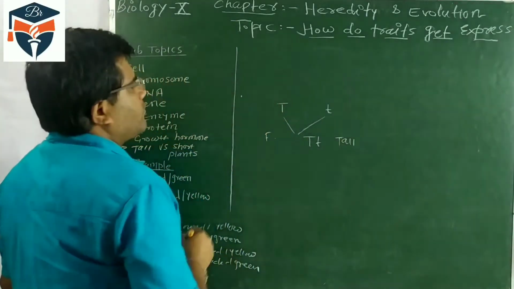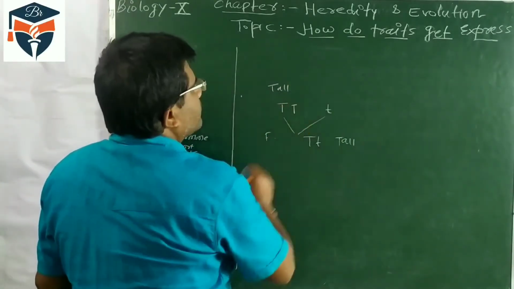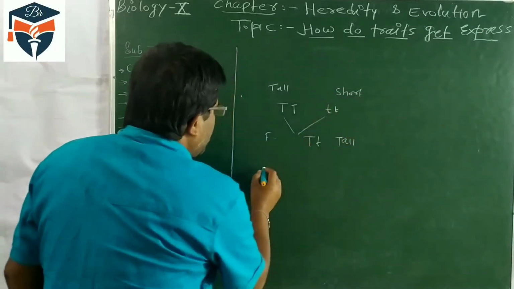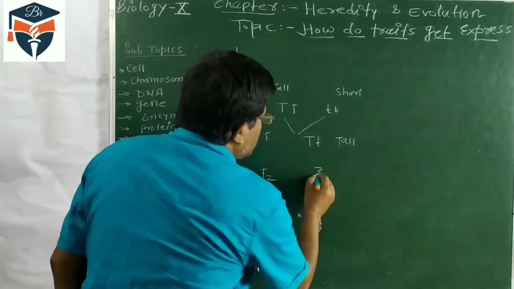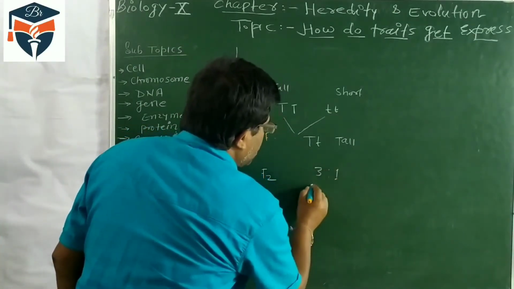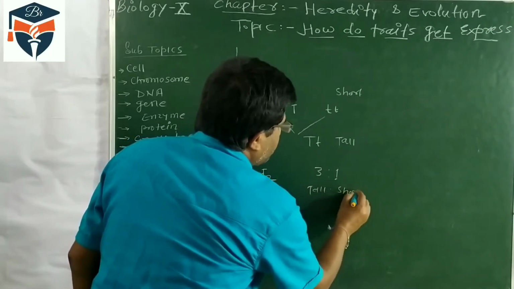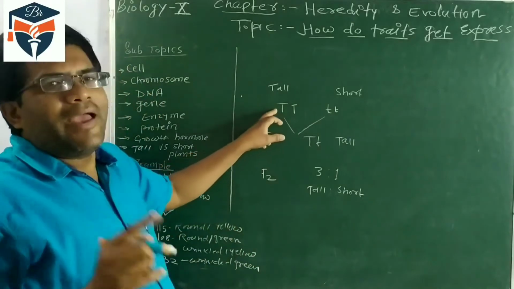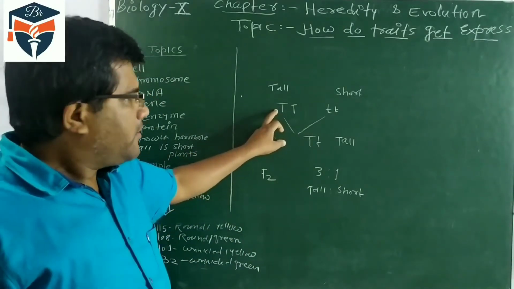This was a tall plant, this is the short plant. Then in the F2 generation, a 3:1 ratio occurs: 3 tall and 1 short. So this shows that each allele expresses its characteristics.